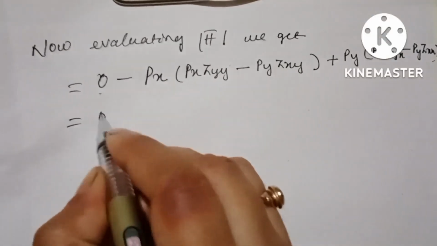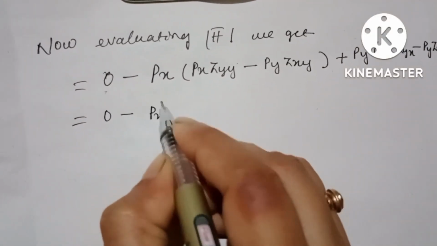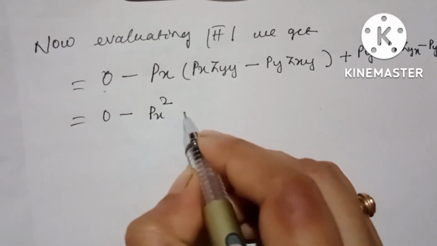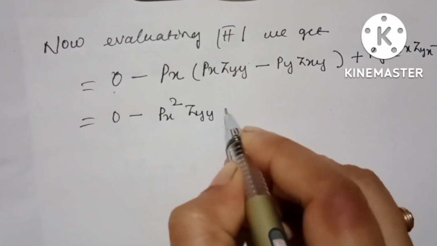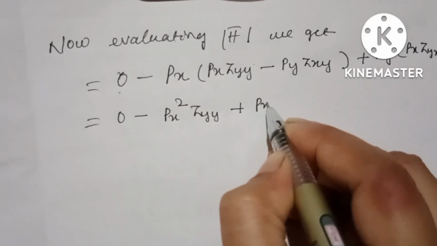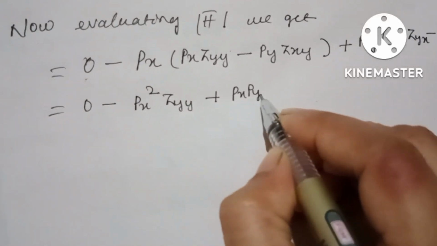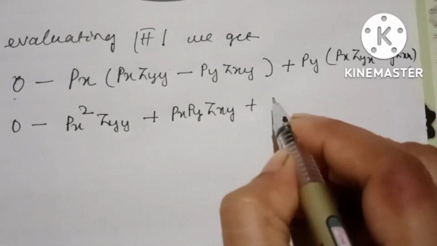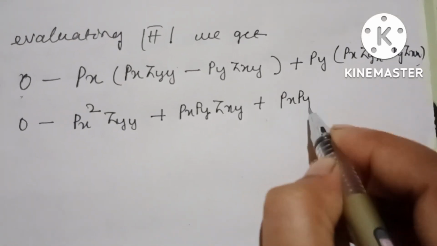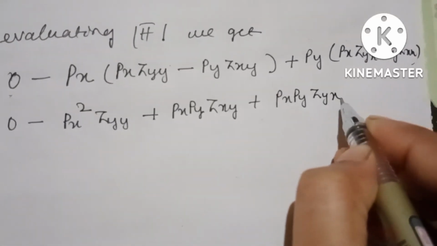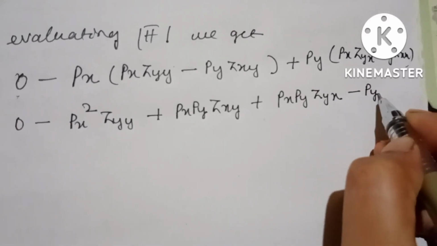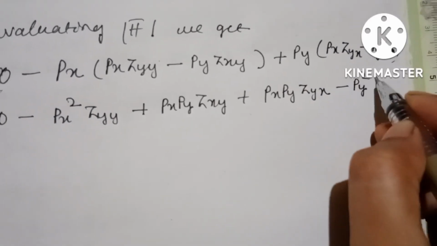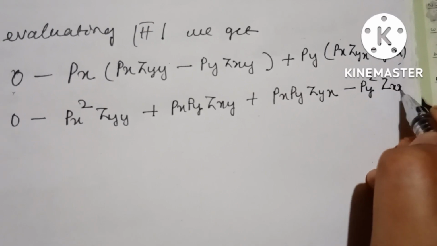So this becomes 0 minus px square zyy plus px py zxy plus px py zyx minus py square zxx.